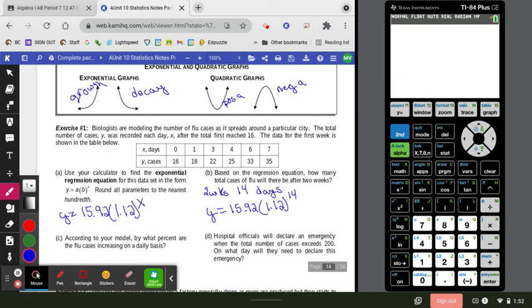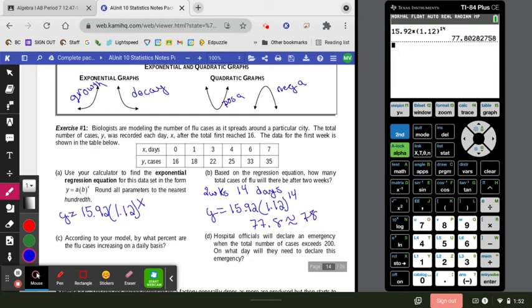So I'm going to exit out of that, and I'm going to do 15.92 times 1.12 to the 14th power. And that is 77.8 if I round to the nearest tenth. So approximately 78 cases.